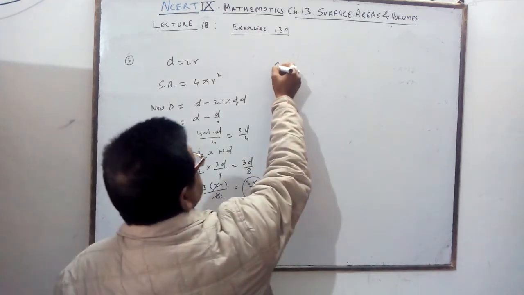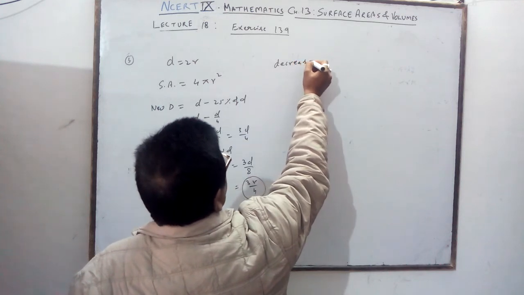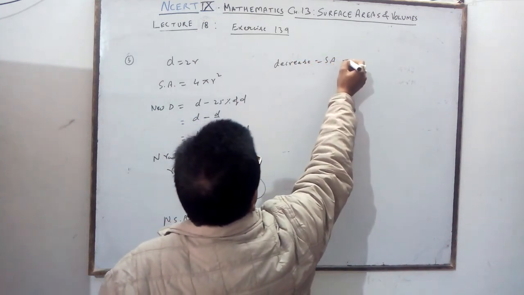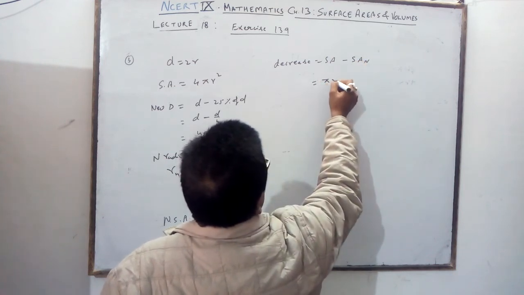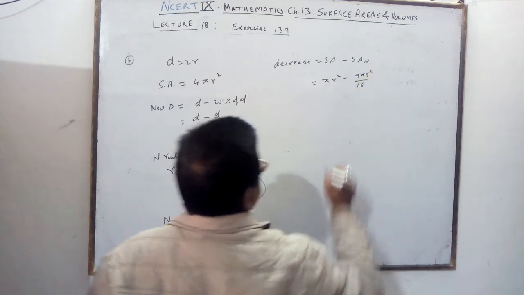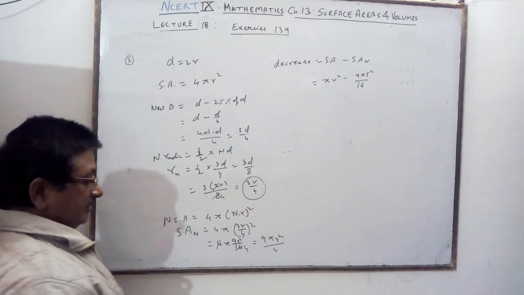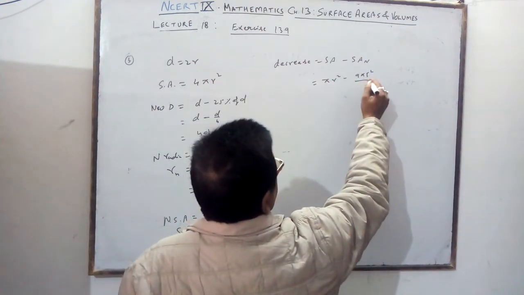What is the decrease? Decrease is equal to surface area minus new surface area: 4 pi r square minus 9 pi r square by 4.